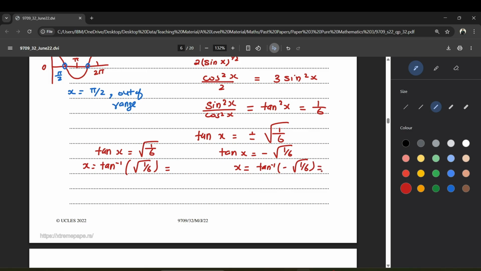So let's calculate this. tan inverse of positive square root of 1 upon 6 will give me 0.388. Okay, and for this one it will give me minus 0.388.